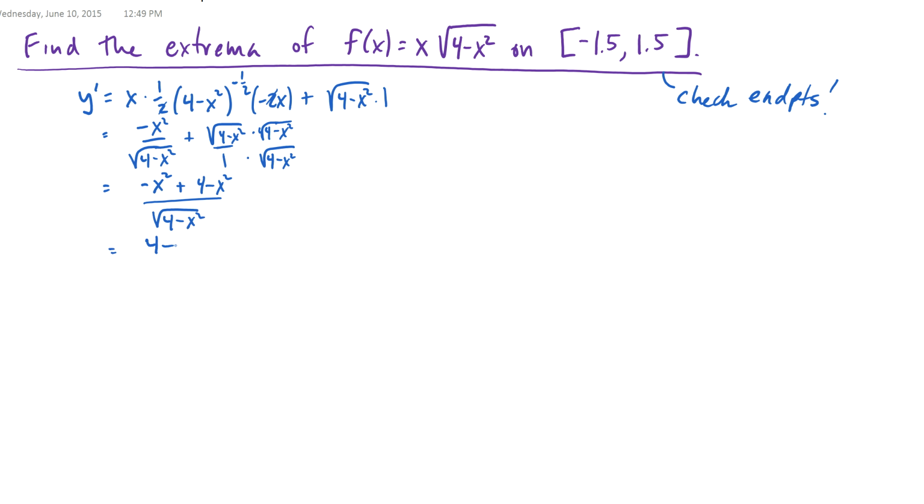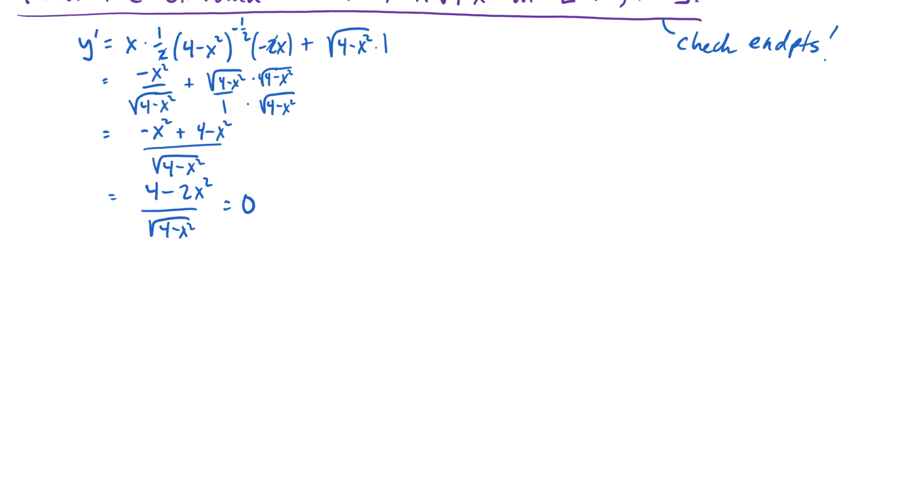So that's 4 minus 2x squared on the top, square root of 4 minus x squared on the bottom, and I'm going to set that equal to 0 to find the critical values, at least some of them, maybe all of them, we'll see. So that equals 0 when the numerator's 0.